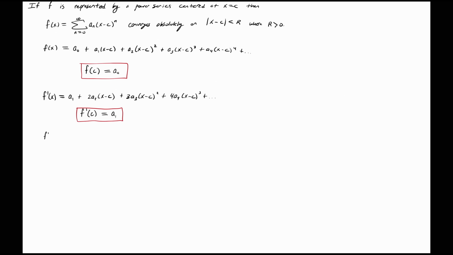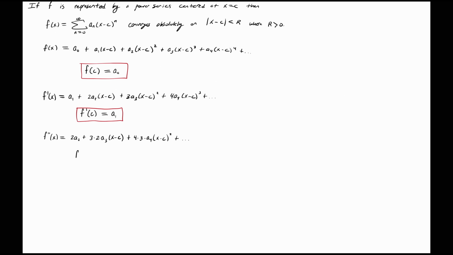And you probably get the idea. We're going to take the second derivative here: 2a2 plus 3 times 2 a3 (x minus c) plus 4 times 3 times a4 (x minus c) squared plus dot dot dot.